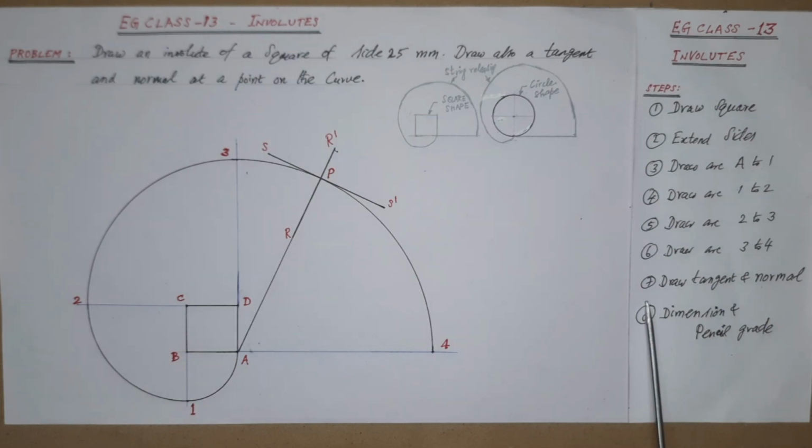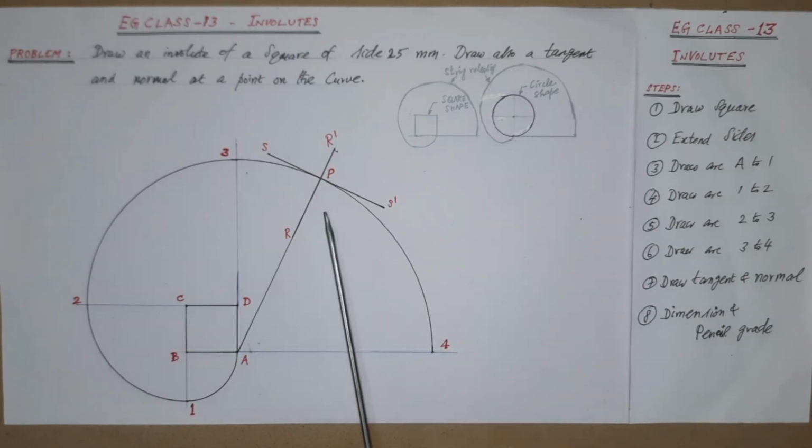Next, as per step 7, draw tangent and normal. To draw tangent and normal, take any point on the curve and make it P as shown.